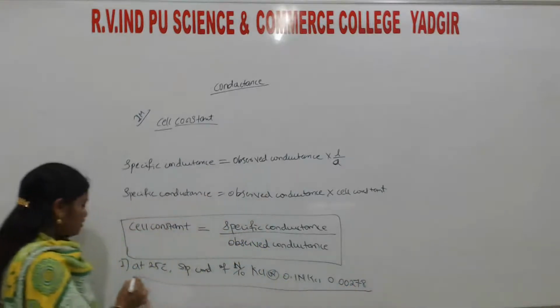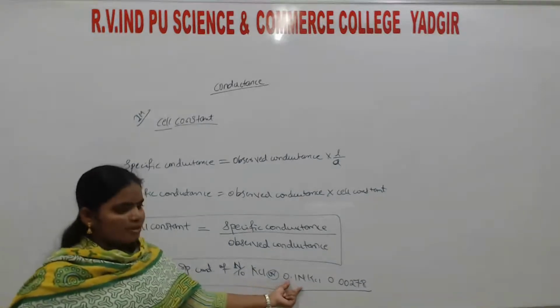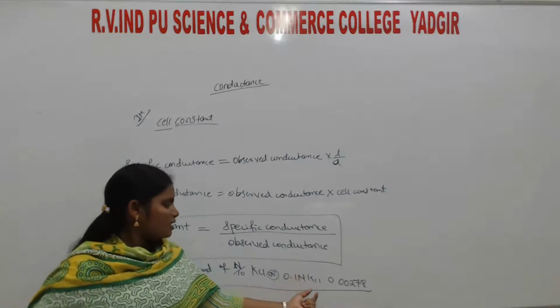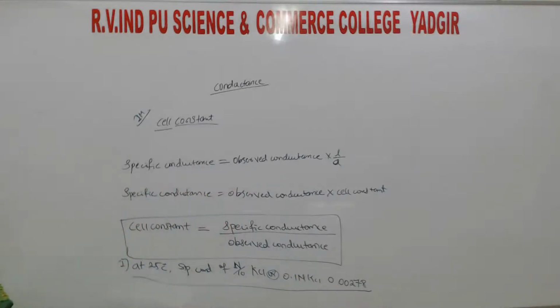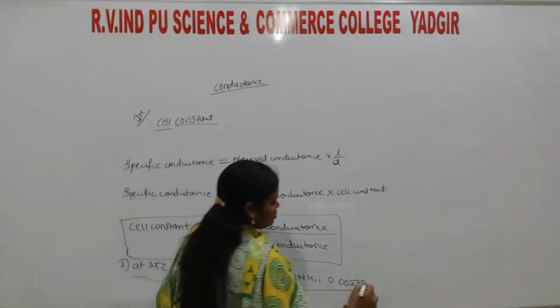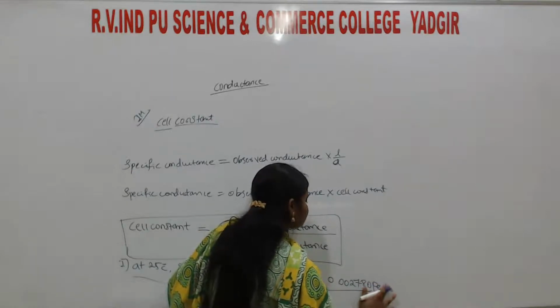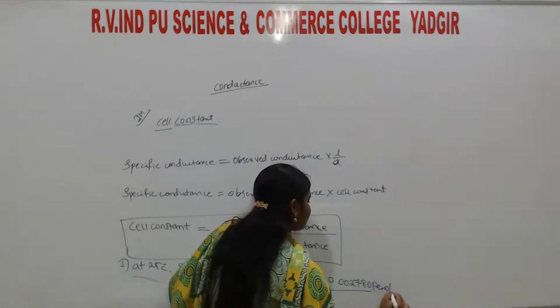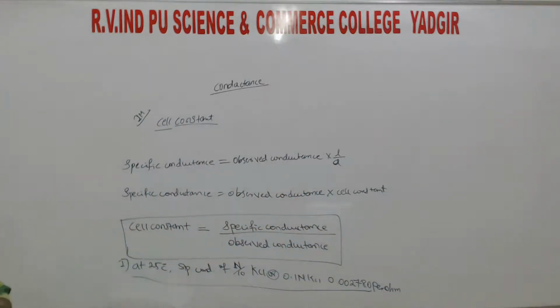This is the value at 25 degrees Celsius for 0.1 N KCl.